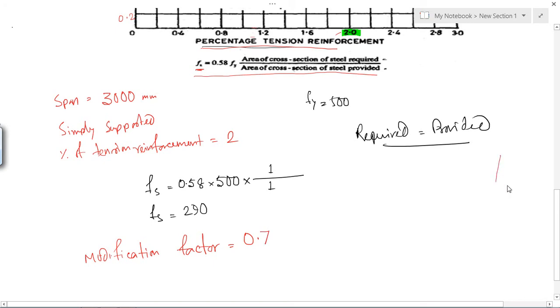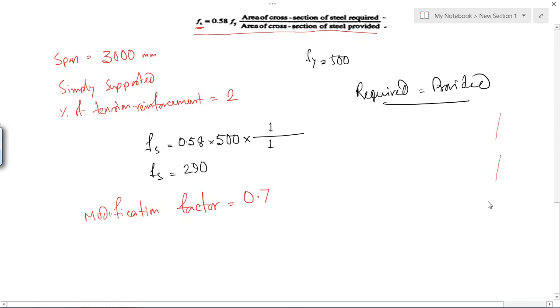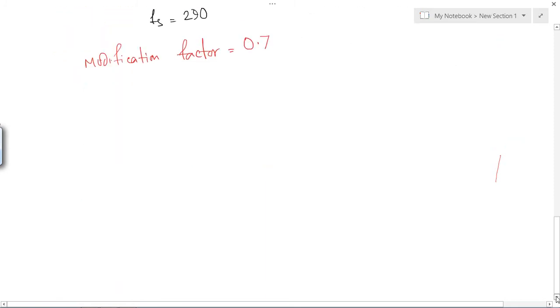Now we can put this value into the formula. Effective depth is equal to span, 3000 millimeter.